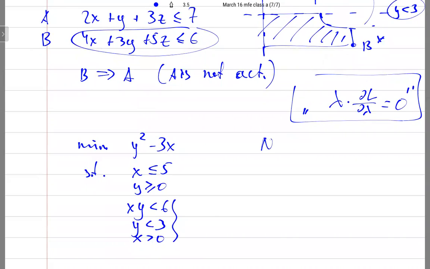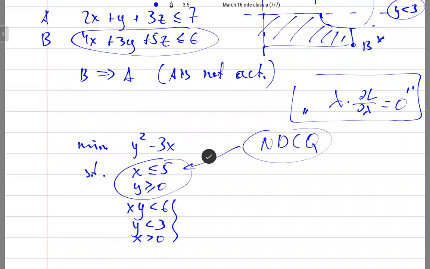So when I check DCQ, I will check it only for these 2 possibly active constraints. I play a game to show the authors that I have mastered the Lagrange multiplier method.